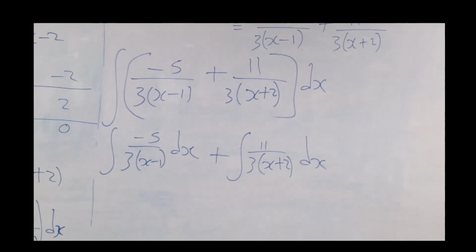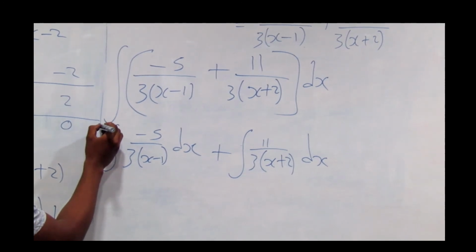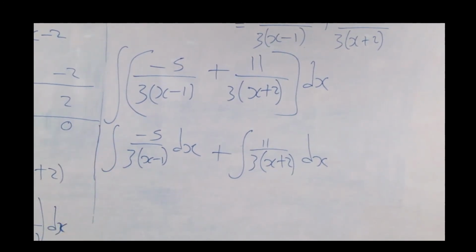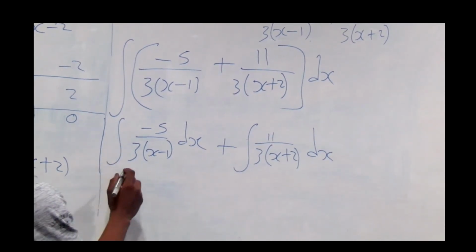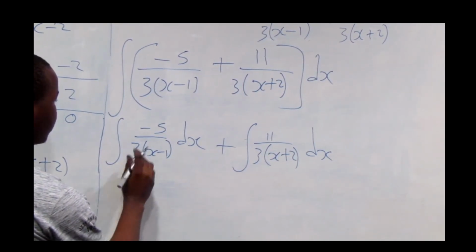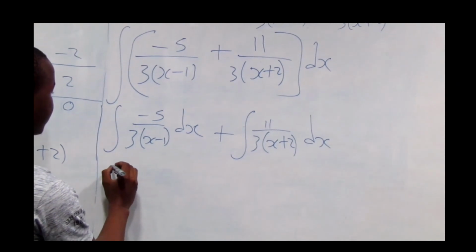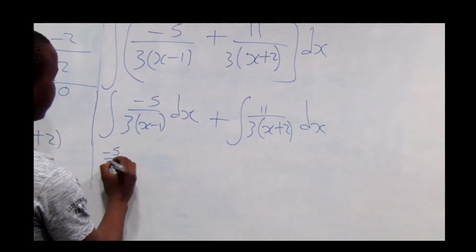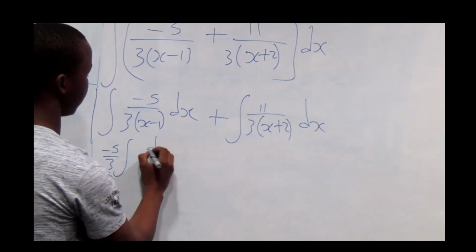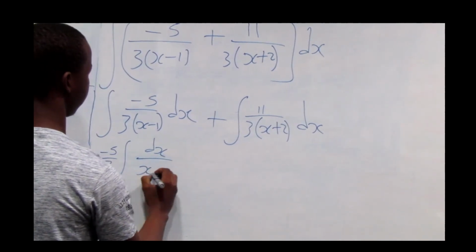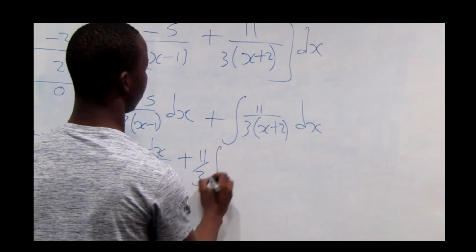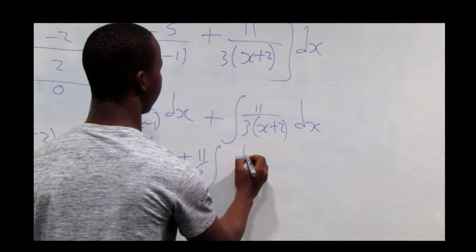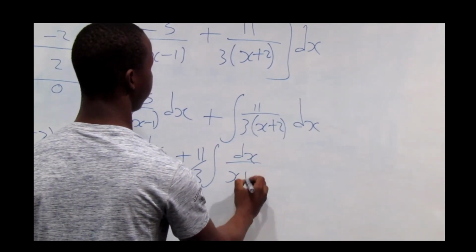Then from here we integrate. How do we integrate such things? Remember, when you are integrating, we don't integrate the constant. We take this negative 5 over 3 outside, and we're left with dx over x minus 1. Again, 11 over 3, and we're left with dx over x plus 2.